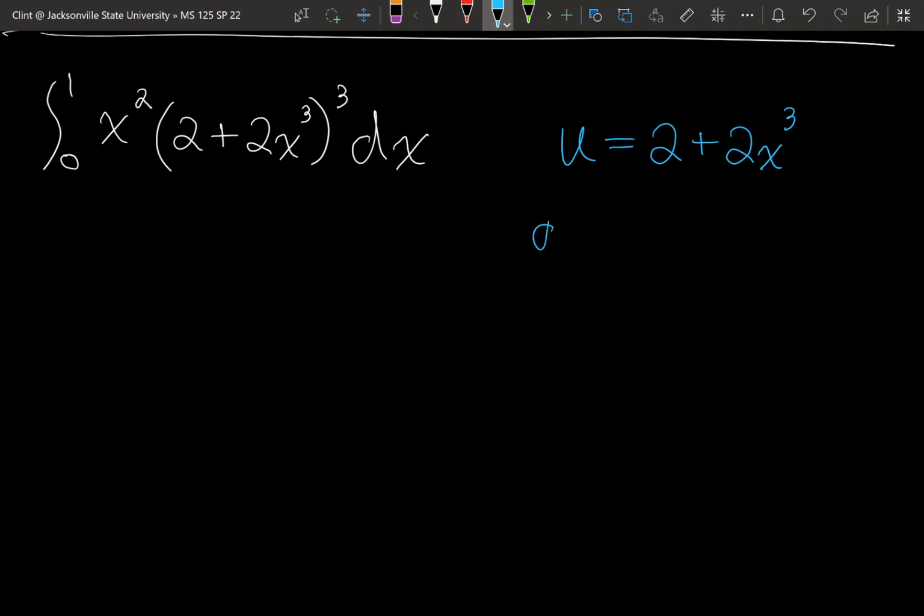So then if we take the derivative, the derivative of 2 is 0, that goes away. Then 3 times 2 gives us 6x squared, and then we'll put our dx. So we're almost there. The part left over is x squared dx, but we've got 6x squared dx, so I multiply both sides by 1/6, or divide by 6, however you want to think about it.